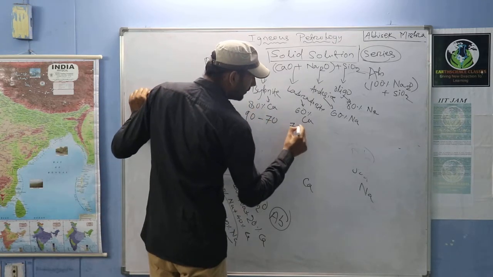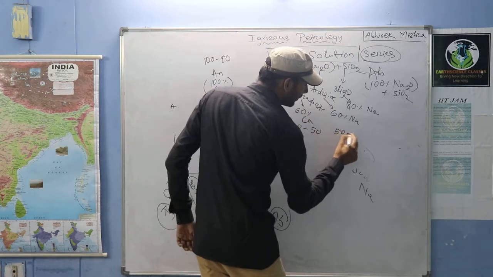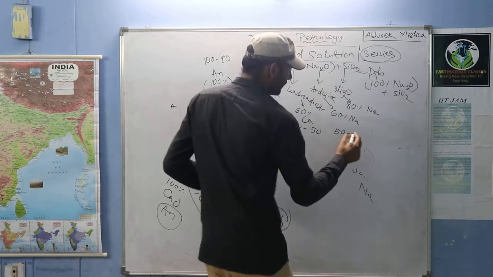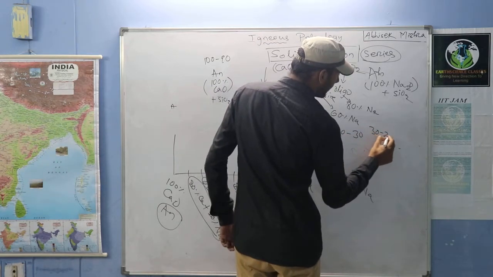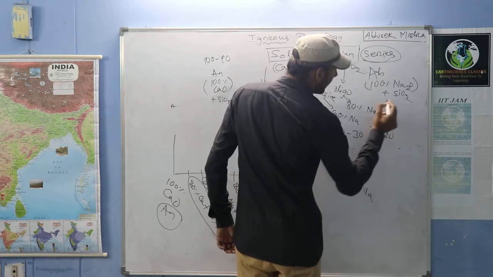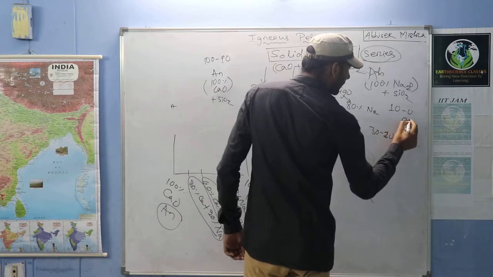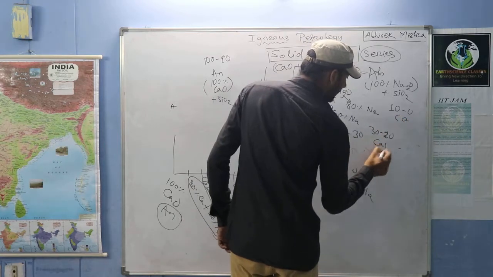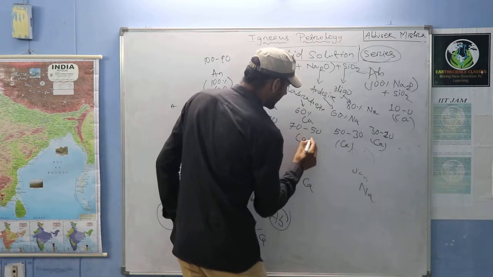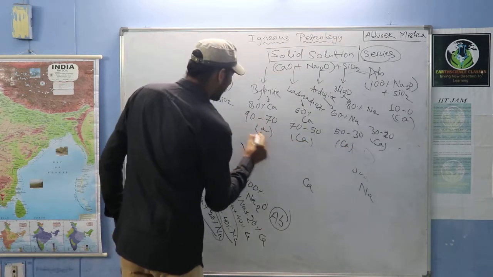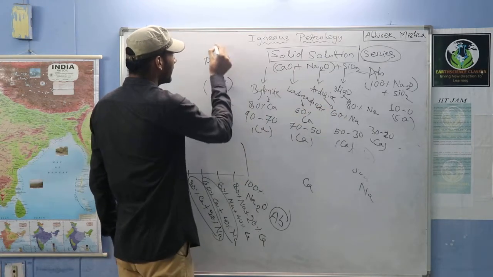Here 70 to 50, it is 50 to 30, and then 30 to 10, and here it is 10 to 0 for calcium. Right? So I have taken the average like that, 80%, 60%. These are having actually ranges, right?